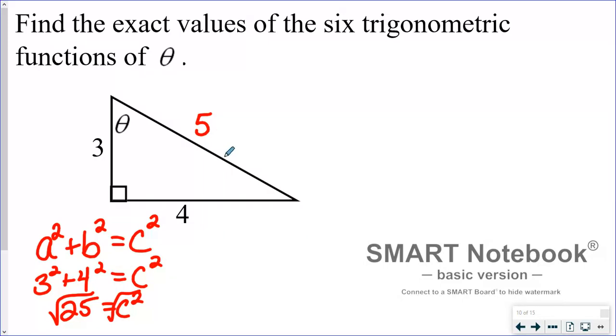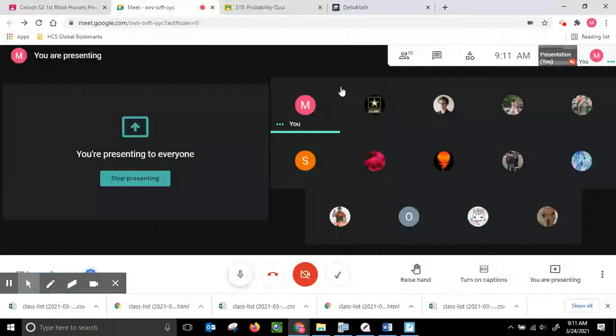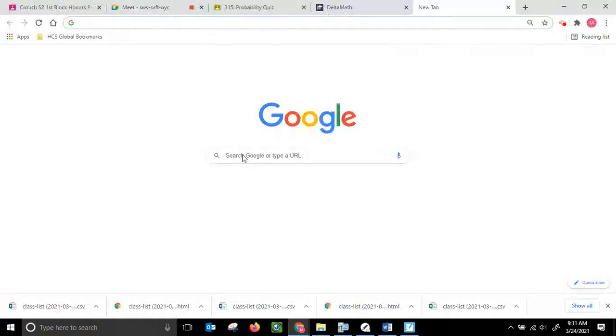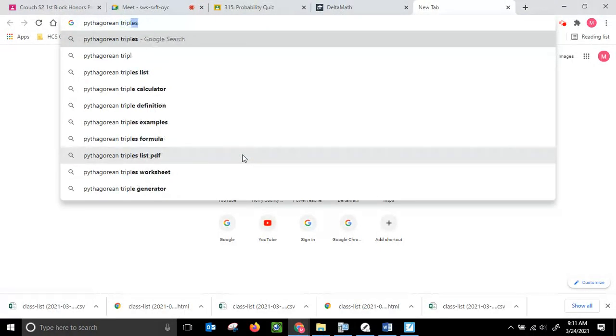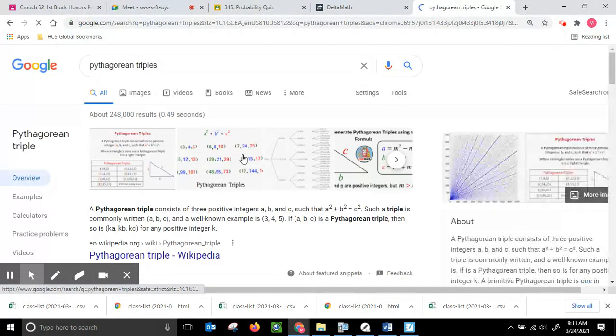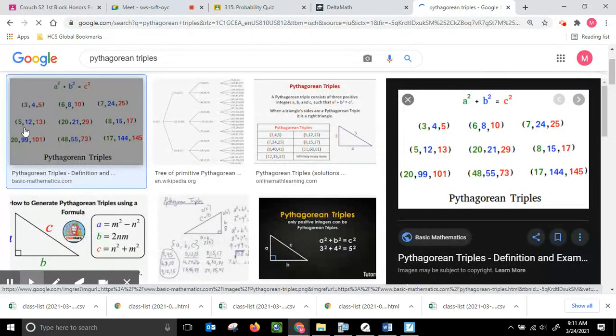So if you know Pythagorean triples, it's super easy. Like, Google Pythagorean triples. Since you're all watching my screen, right? Super easy. Boom. Hey, what do you know? Pythagorean triples. 3, 4, 5, 5, 12, 13.